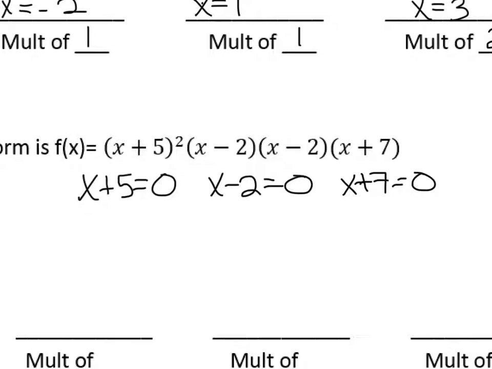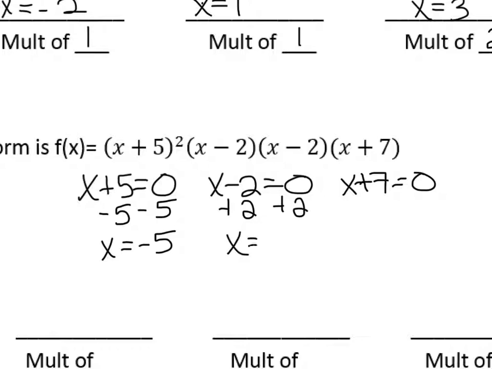Well, the first one, if it's x plus 5, that means x equals negative 5. X minus 2 means x equals 2. X plus 7, x equals negative 7. So there are my 3 zeros.